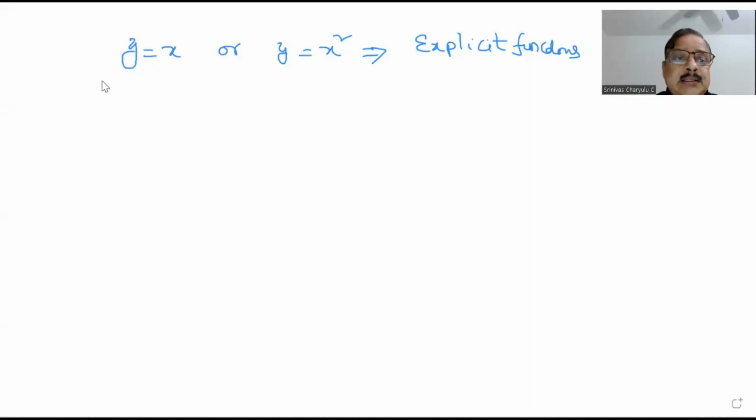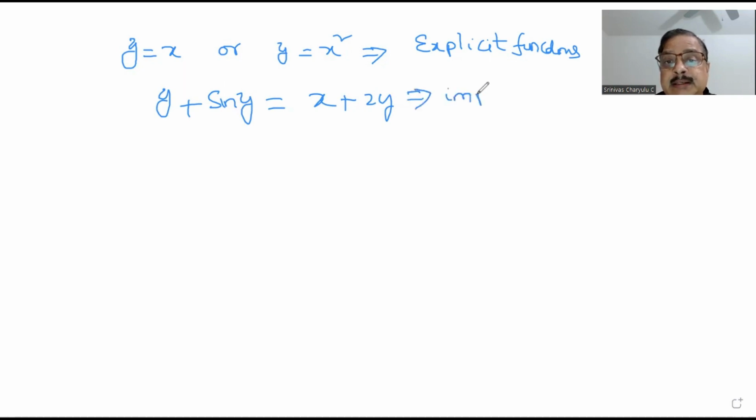Some implicit functions we also learned, where y plus sine y is equal to x plus 2y. In this case, we have to rearrange y on one side and x on the other side and then differentiate. This type of function we called implicit. This also we have learned.